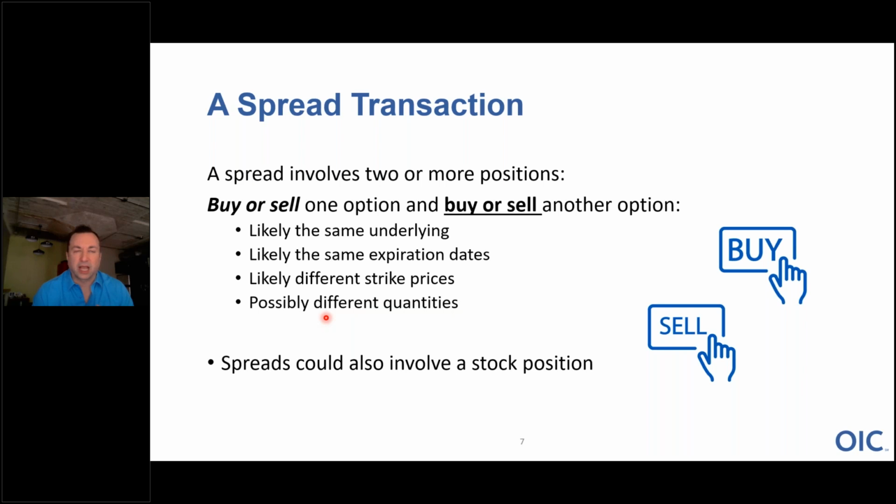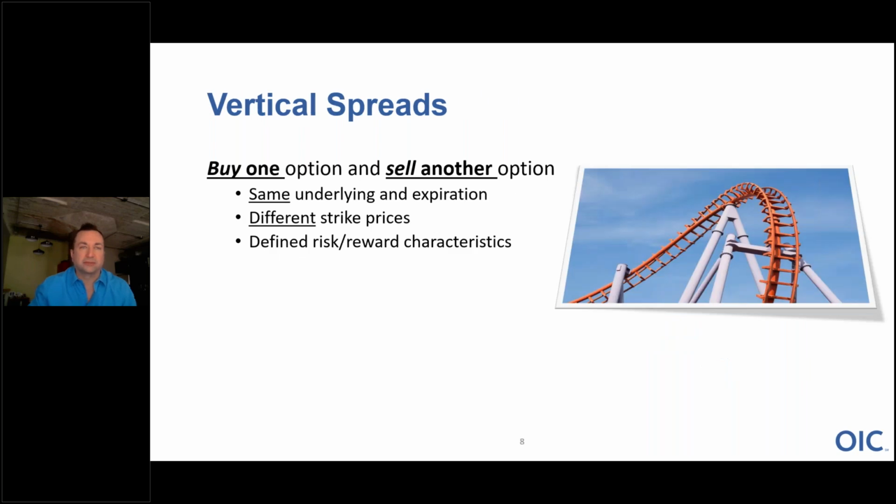And utilizing options in your portfolio is something you can do different things with that you just can't do if you're not using options. Your portfolio has so much more opportunity to put together positions when you're involving options versus those who do not. For today's presentation, we are going to focus on vertical spreads.